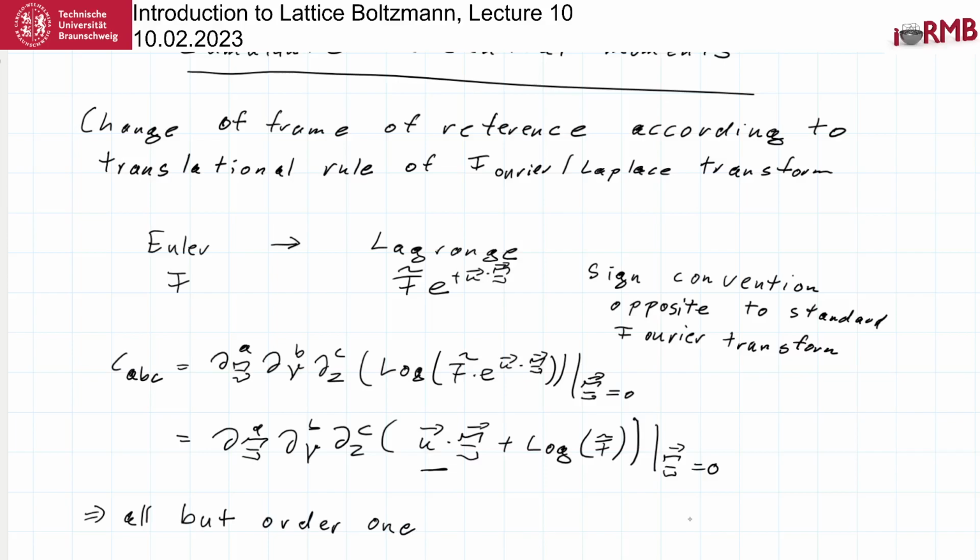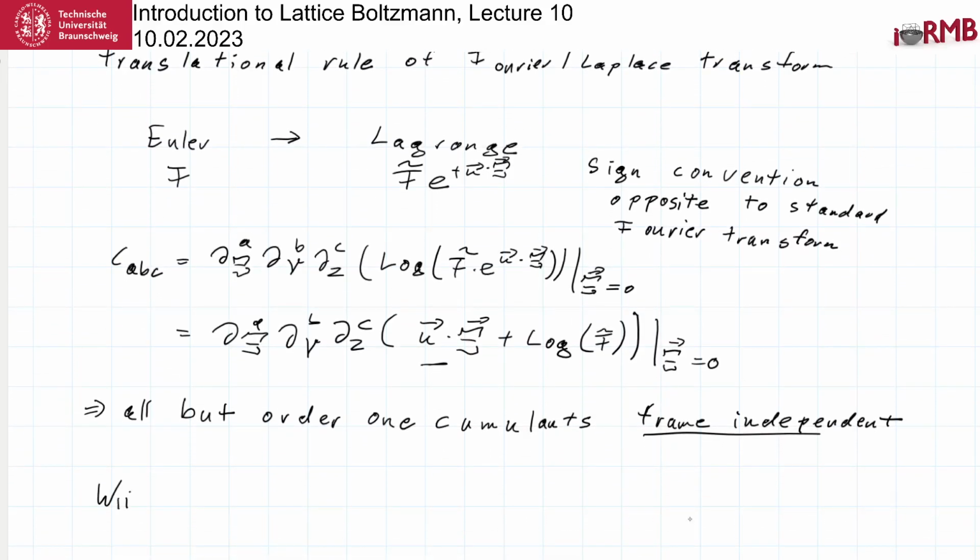The first cumulants are already the velocities. That means all the other cumulants don't know anything about velocity, so they are completely frame independent. All the other guys are frame independent.